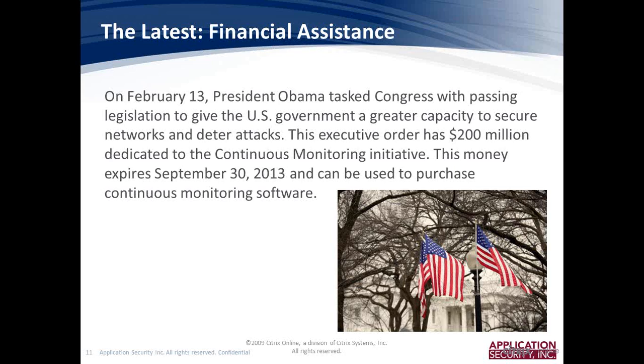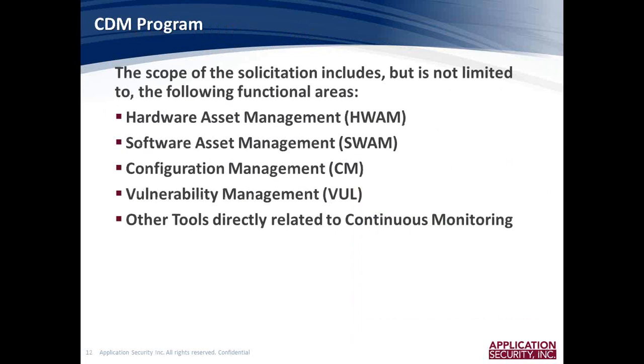So this is money that's on the table, or will be very soon. It's going to expire at the end of the fiscal year in September, and is designed to be used to purchase continuous monitoring software. It's all under a program run by the DHS called the CDM and CMAS program. CDM stands for Continuous Diagnostics and Mitigation Program. CMAS is Continuous Monitoring as a Service.